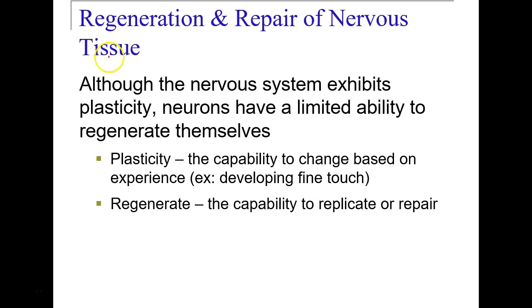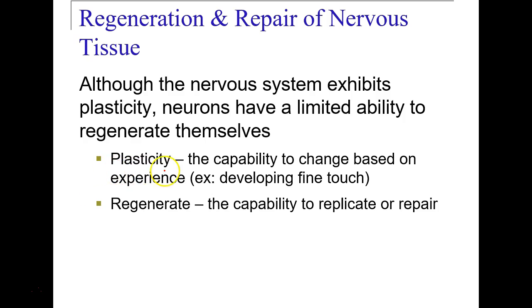Some clinical notes. So regeneration and repair of nervous tissue is very difficult in the cerebrum or central nervous system in general. This is partially due to those astrocytes. They create scar tissue faster than the neurons can heal.